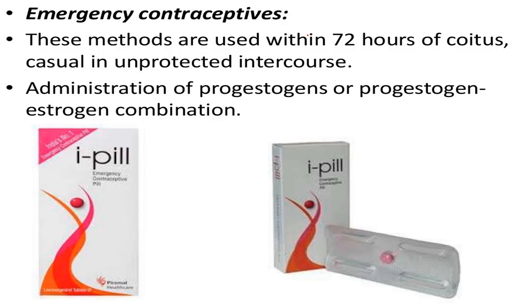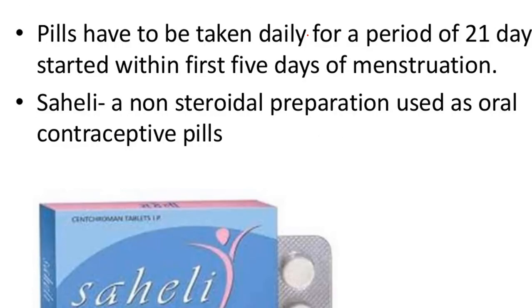It is known as iPill, and this alters the hormonal balance in your body. When the hormonal balance gets altered, even if the zygote is formed, it gets disintegrated and there is no formation of the baby.